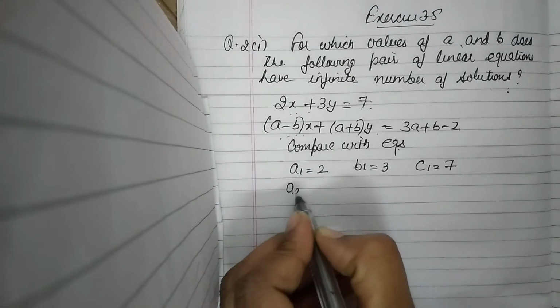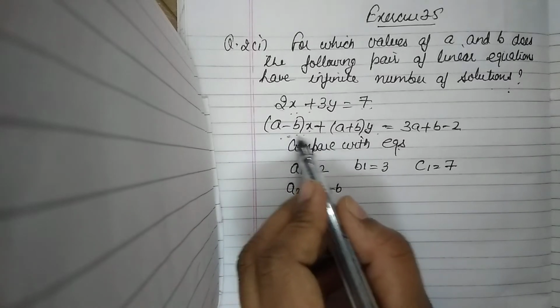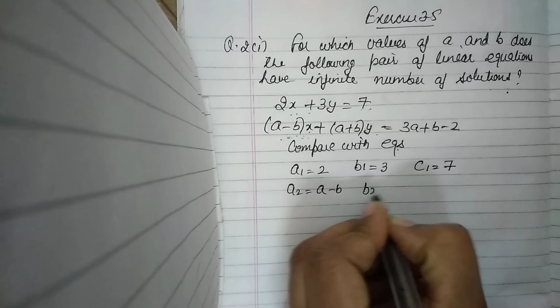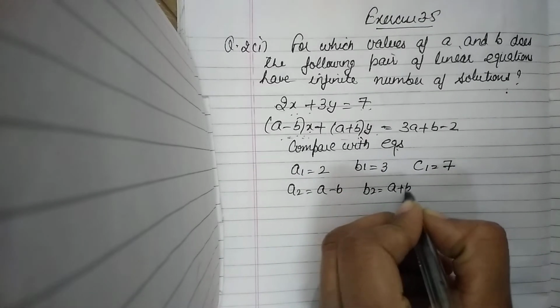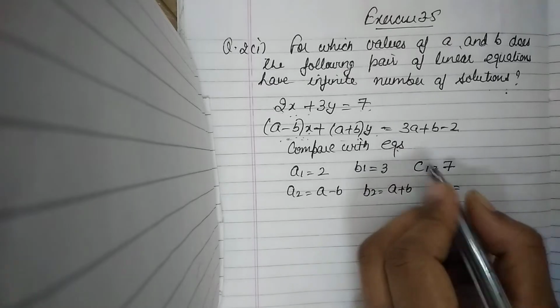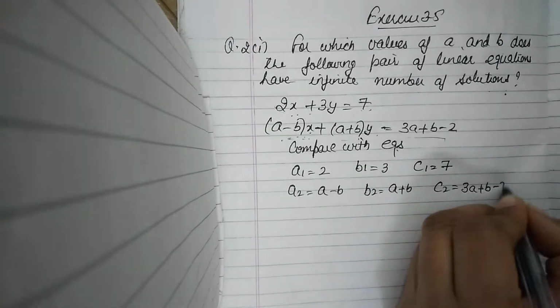Now, a2 is equal to a minus b, that is the coefficient of x in the second equation. b2 is the coefficient of y in the second equation, a plus b. c2 is the constant term in the second equation, 3a plus b minus 2.